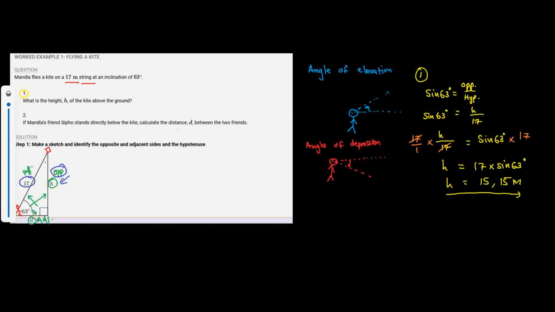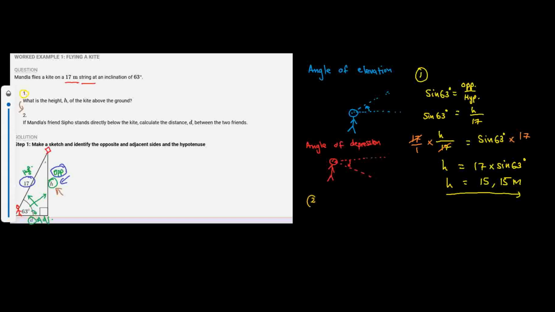We try not to do it, but sometimes it does happen. So I don't really like to use what I calculated in question 1 to help me find question 2. So what I would like to do is use the trig ratios again. So maybe this time I can actually get it correct, if I did make a mistake.